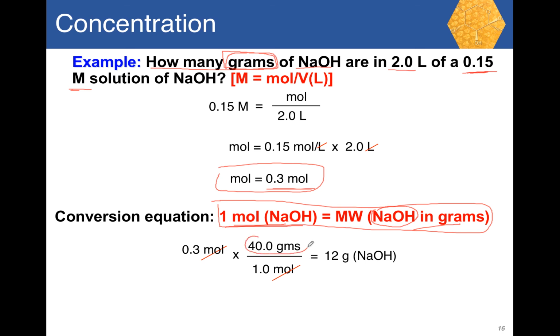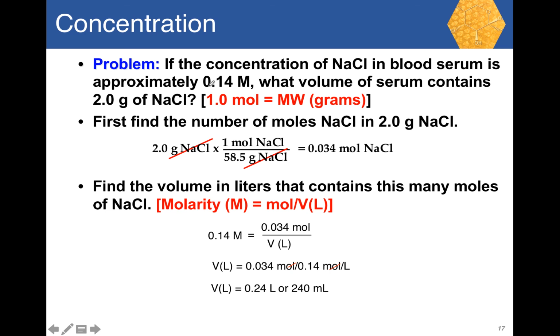This is the molecular weight of sodium hydroxide. That will be 1 mole. They cancel out, and of course you end up with 12 grams of NaOH. Conclusion: there are 12 grams of NaOH in 2 liters of 0.15 molarity solution of NaOH. Lastly, let us look at another example.